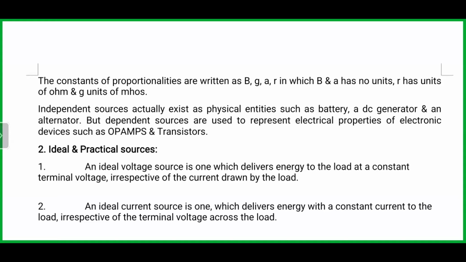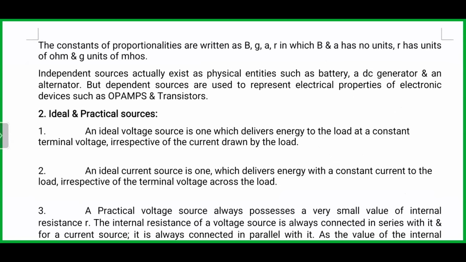Okay. An ideal current source is one which delivers energy with a constant current to the load, irrespective of the terminal voltage across the load. So you see, we can have a device supplying, let's say, a voltage regulator, supplying current of 2 amps, and you are using it to charge your phone.